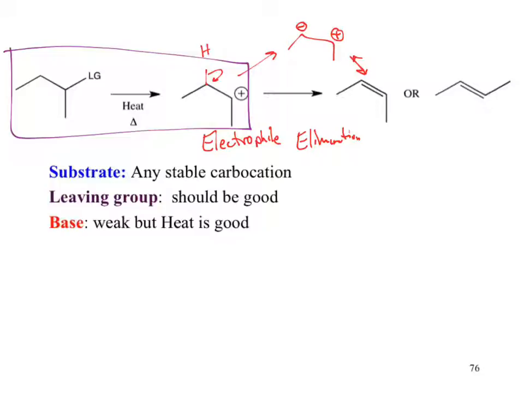So we're again focusing on that weak base. That last step is still not a particularly easy step to occur, particularly if we don't add a base. We can help facilitate that reaction by adding heat. So heat can be a red flag, particularly if we're looking at SN1 versus E1. If you see heat being added, that can help push you over the edge to say, okay, it's an elimination reaction.